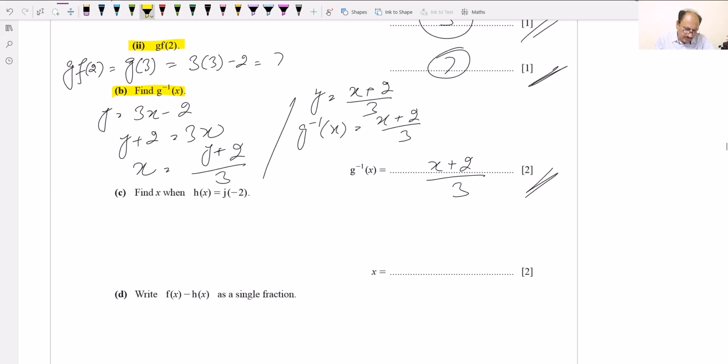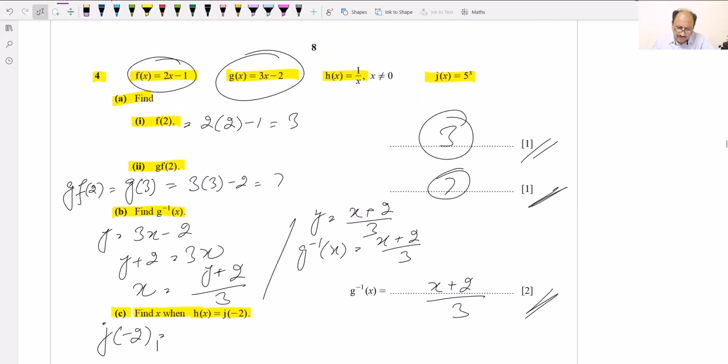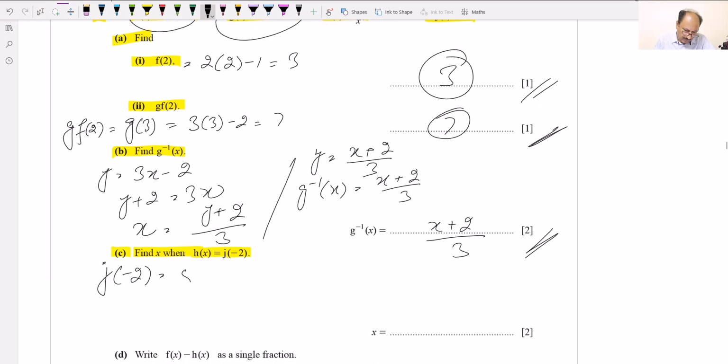Now for C part, find x when h of x is equal to j of minus 2. So first of all we will find j of minus 2, where j of x is equal to 5 raised to power x. So 5 raised to the power minus 2 will be equal to 1 over 5 squared, which is 1 over 25.